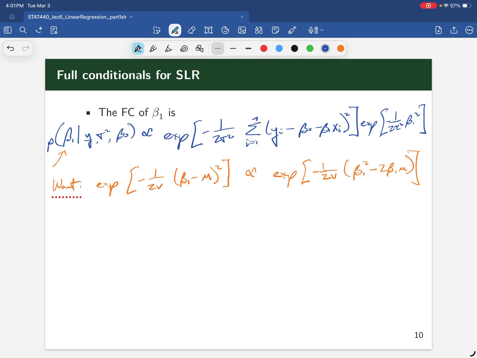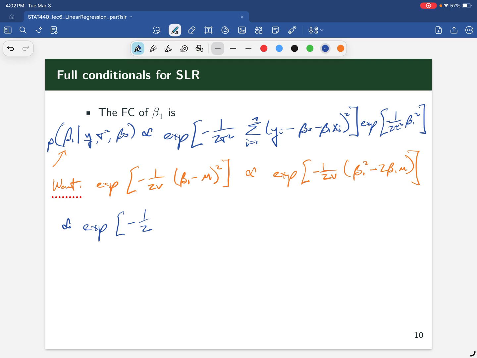Each of these things has a negative 1/2 in it, so I'm going to pull that out. And the reason I'm going to pull that out is, of course, that I want it to look like this expression here. So I can say that my posterior up there in blue is proportional to e to the negative 1/2.